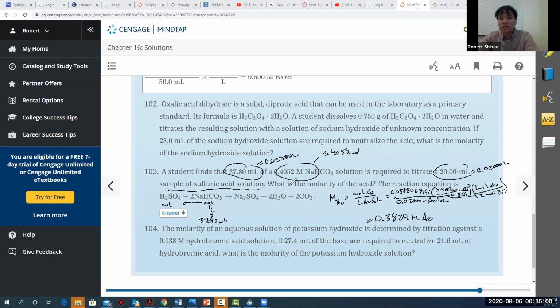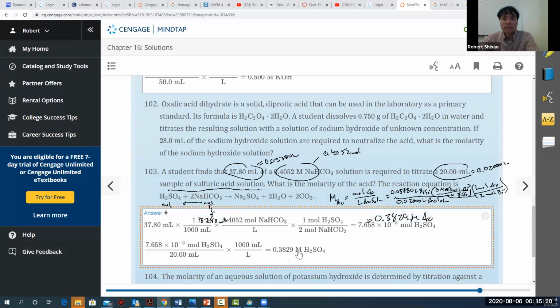Titrations are used to figure out an unknown concentration with a high degree of precision and accuracy. We're allowed 4 sig figs. More sig figs is good because it's more precise. And so with titrations, you usually end up with 4 sig figs at the end. Like here, 0.3829, 4 sig figs.